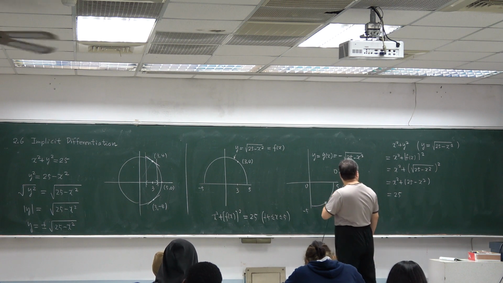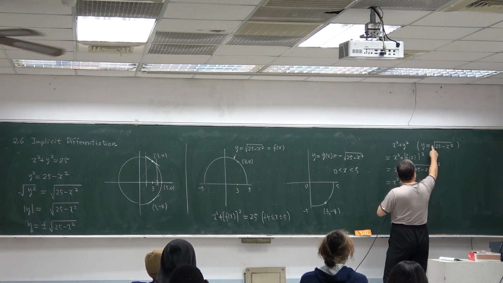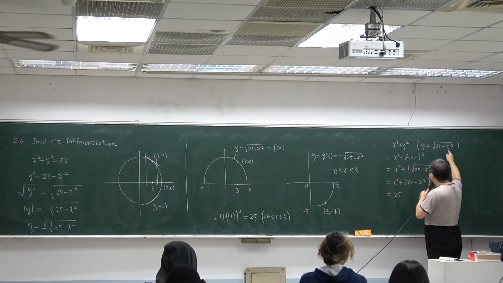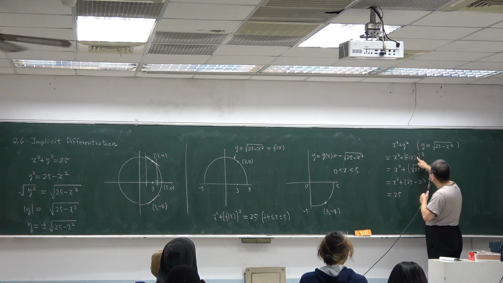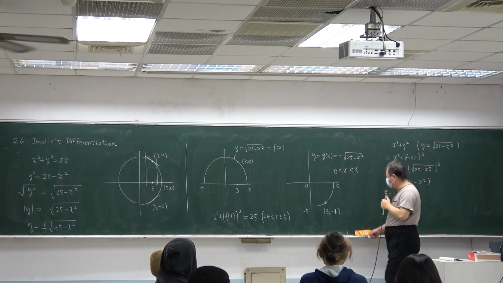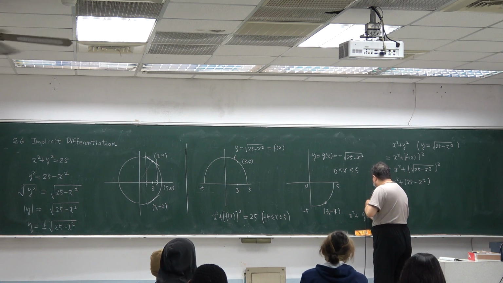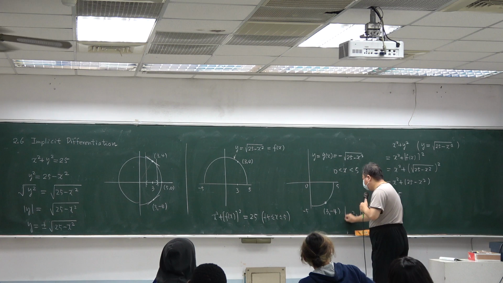Also, if we let y be minus square root of 25 minus x squared, then this time we have x squared plus g of x squared. We have a minus sign here, but the square of a minus sign is positive again. Therefore, x squared plus g of x squared equals 25, too.